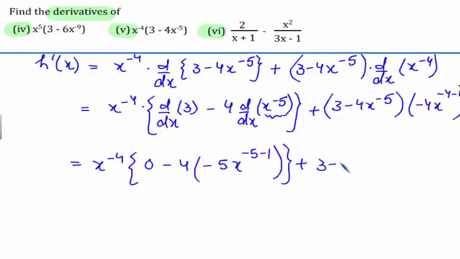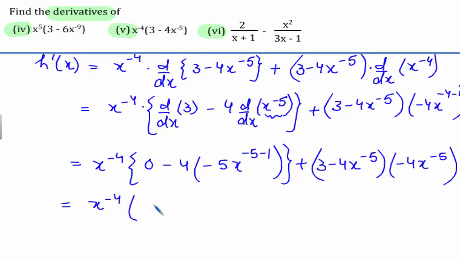This is further equal to x raised to the power minus 4, then minus 4 into minus 5 is 20 x raised to the power minus 6, plus, then we have 3 minus 4x raised to the power minus 5 into minus 4x raised to the power minus 5.